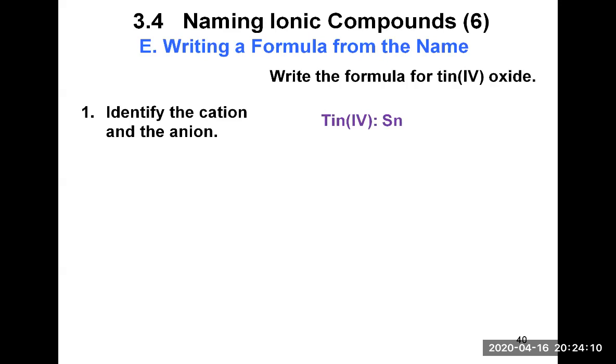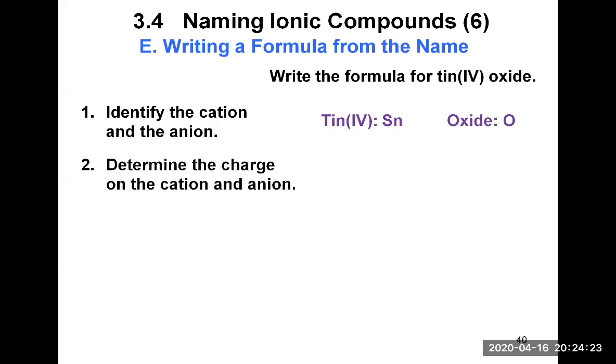Oxygen likes to gain 2 electrons to have an octet around it. So it likes to become the oxygen 2- ion. And so that's what we did. We just determined the charge on the cation and the anion. So we have Sn4+ and O2-.